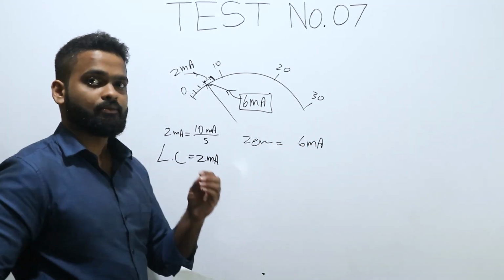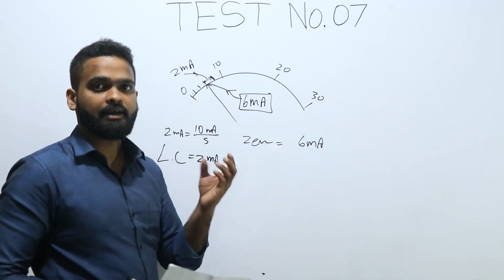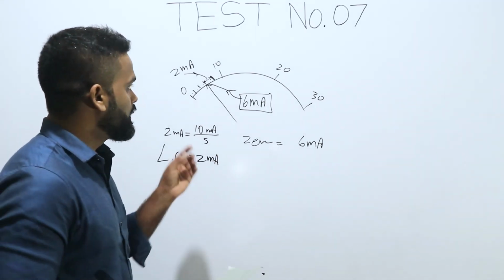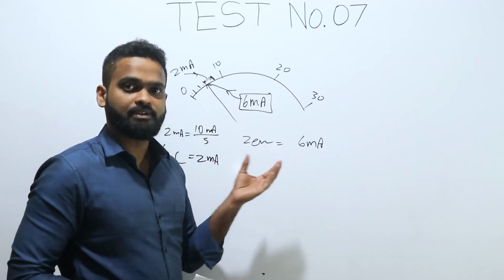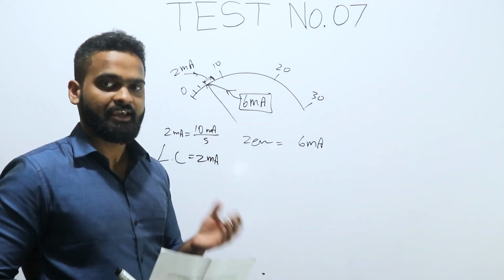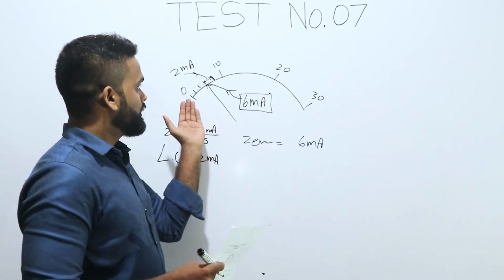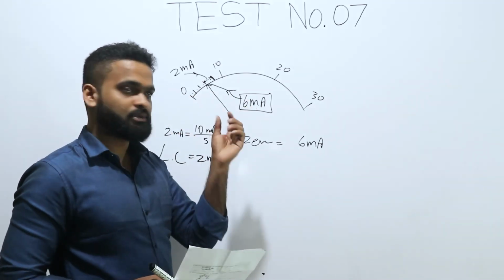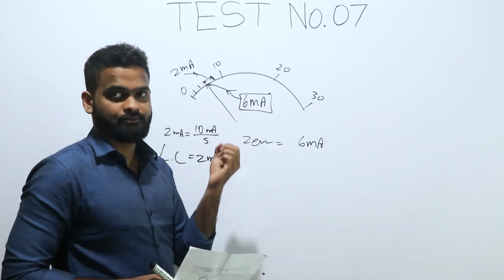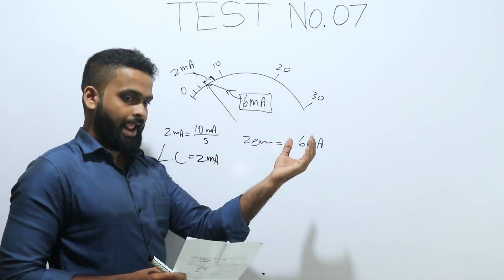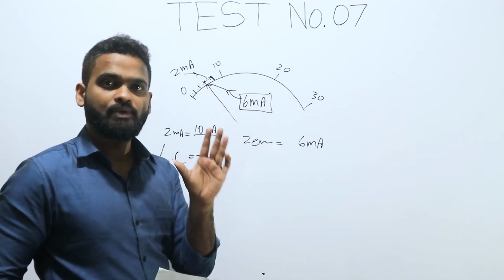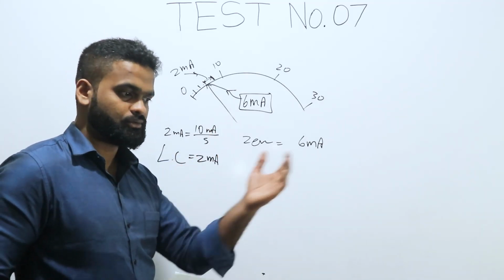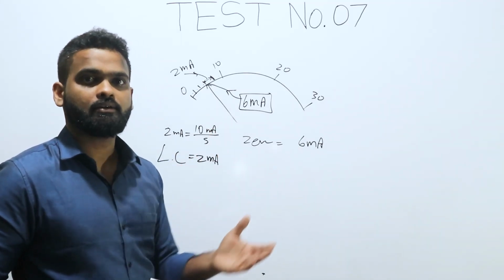Then we have to check whether this is a positive zero error or a negative zero error. If you think about this measurement, let's say we take a measurement using this. Always to that measurement, this amount is added. So we have to subtract this amount from any measurement we take. So the correction is negative there.